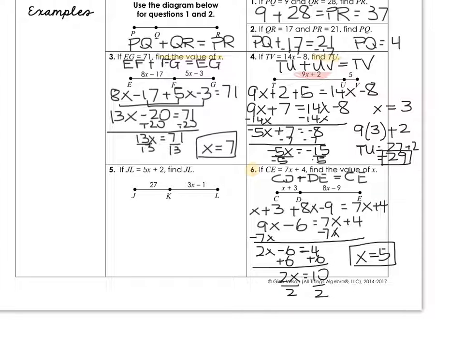Okay, number 5 is the same type of problem. Again, I'm trying to find an actual length, so I need to find x first, then substitute in. What is my segment addition? It's JK plus KL equals JL. Substitute in that first: 27 plus 3x minus 1 equals 5x plus 2. Combine like terms, so I have 3x, and 27 minus 1.